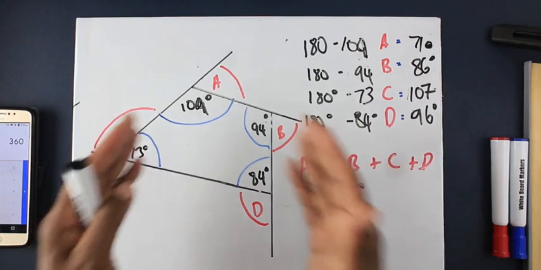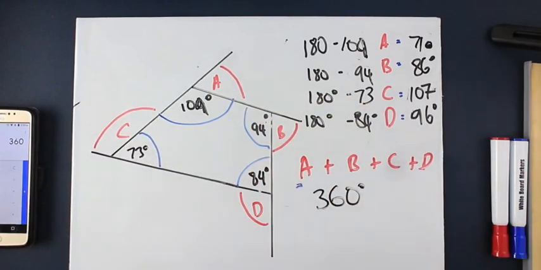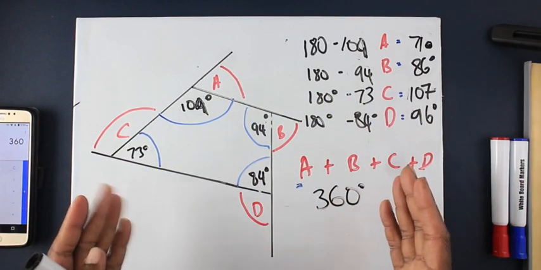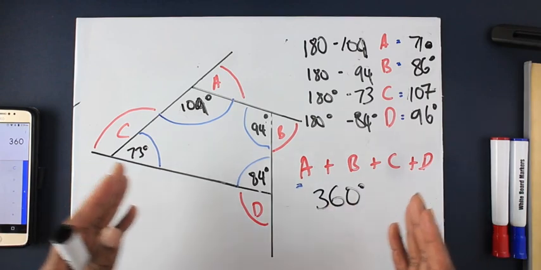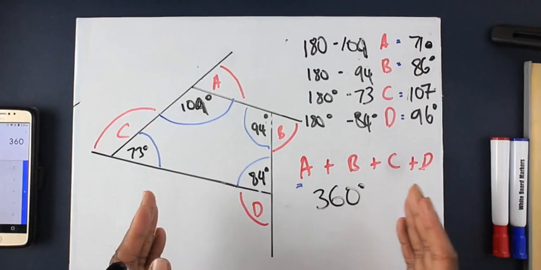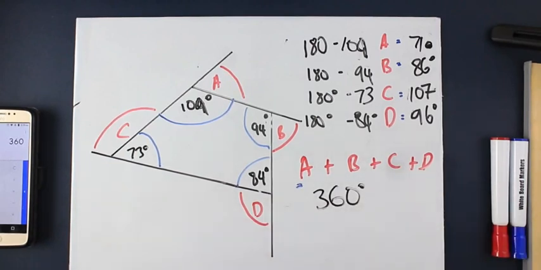You know how to find the external angles, that's the easy bit. Now how come all of these angles add up to 360 degrees? Well, in the next video, I'm going to show you an easy way of understanding this.